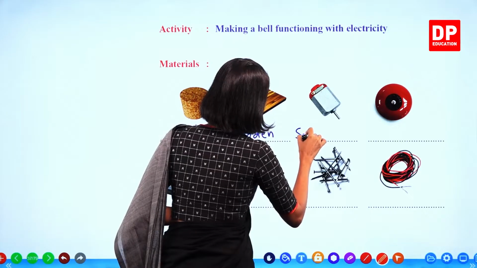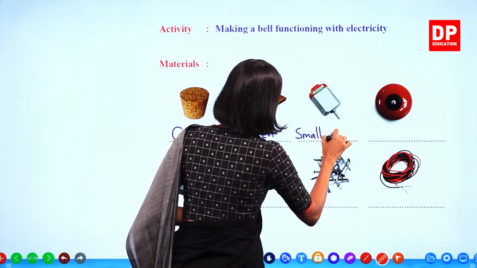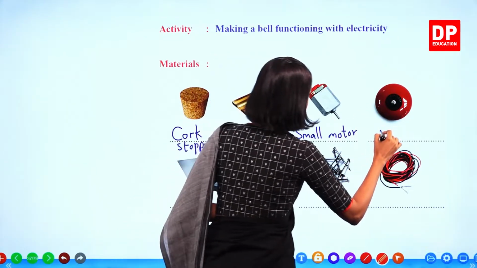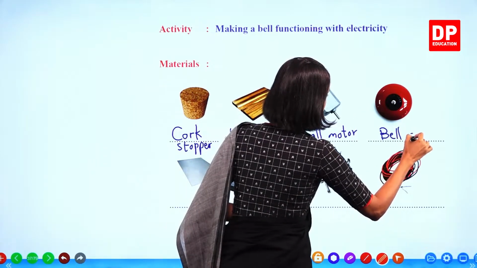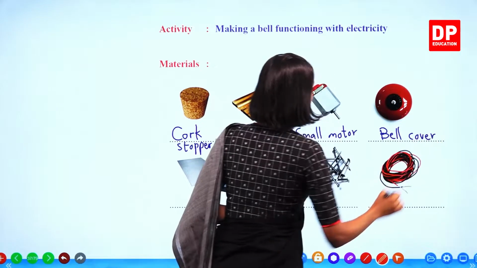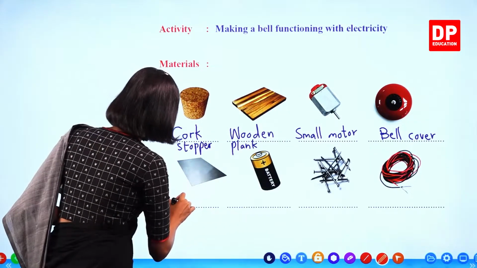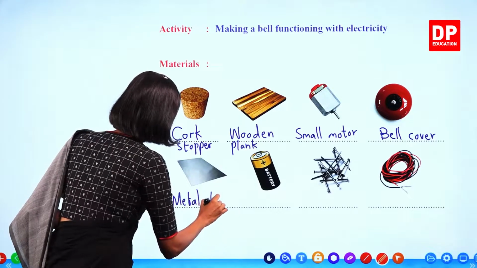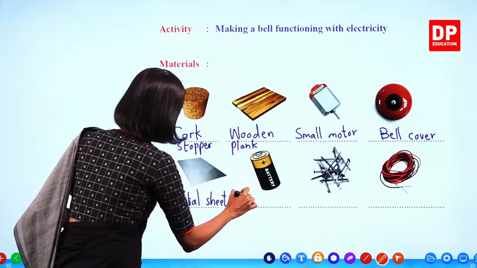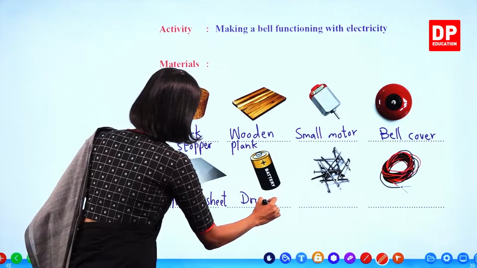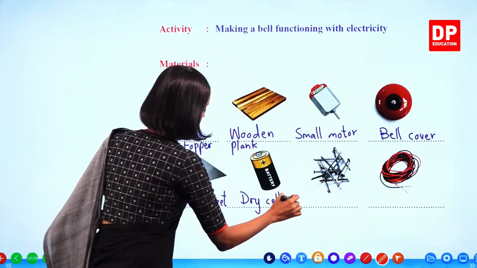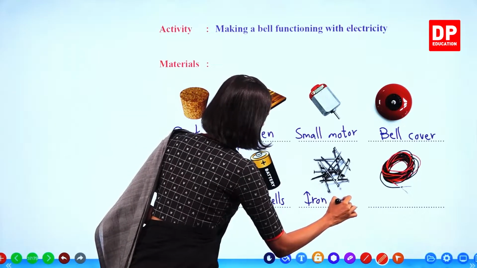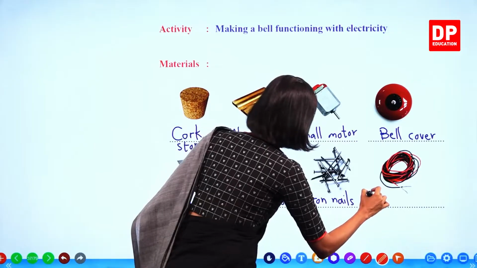Small motor. Need a bell cover. And a metal sheet. Dry cells. Iron nails. And pieces of wire.